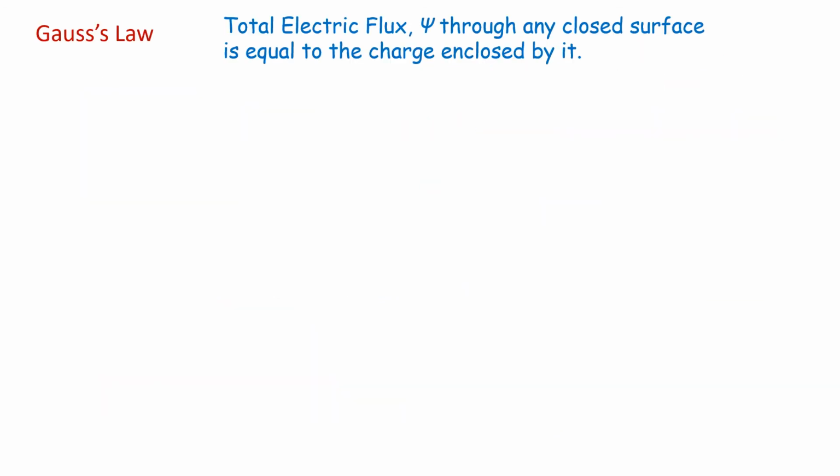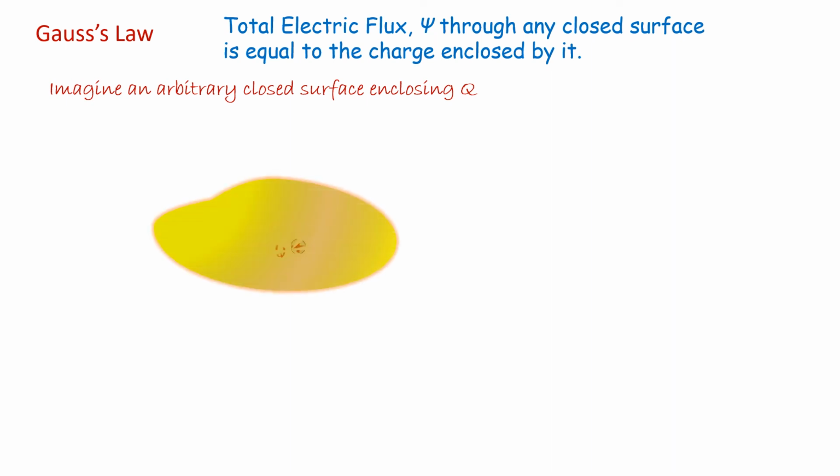Let us understand the Gauss law. The total electric flux psi coming out through any closed surface is equal to the charge enclosed by that closed surface. Imagine an arbitrary closed surface enclosing the charge Q within it. Let dS be an elemental surface on this closed surface.